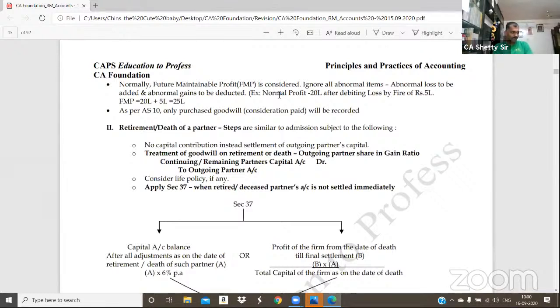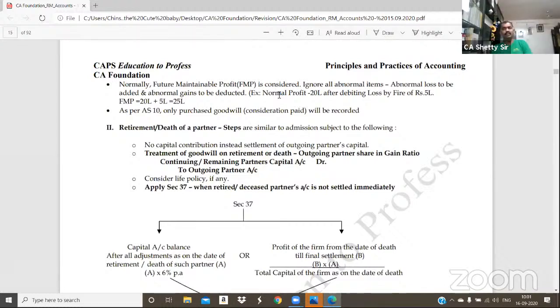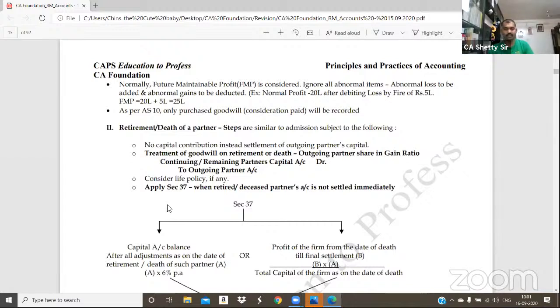Goodwill is equal to value of the business minus closing capital employed. Value of the business is equal to profit divided by NRR.